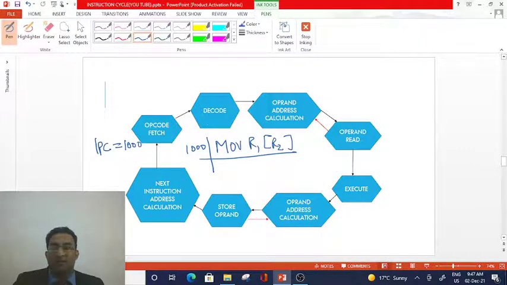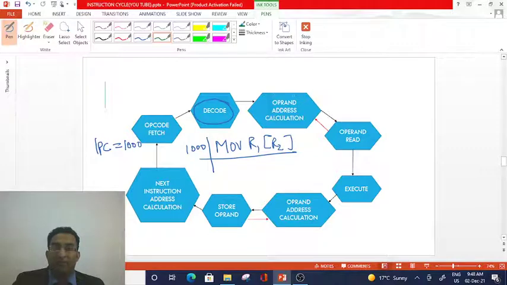After that, the processor will decode this instruction. Decoding means it will understand the binary pattern. After decoding, the processor comes to know that I first have to take an operand from a memory location, but the address is not given to me directly. I have to take this address from the R2 register.